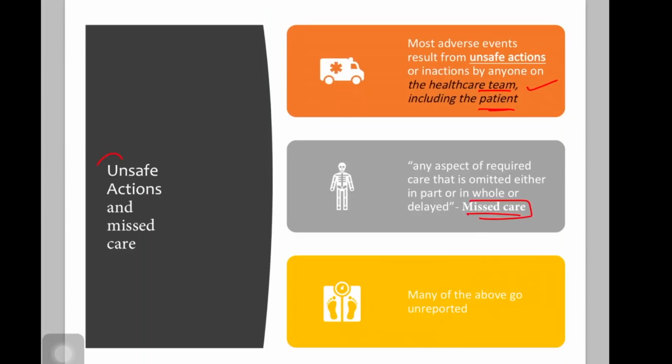Now, the thing is, both the unsafe actions, which happen by any medical staff, and the missed care actions are not well documented and often the hospital management tries to hide them. Many of these go unreported.